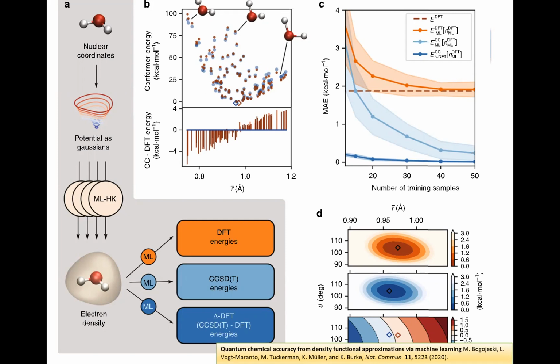This is just the example of water, and the DFT calculation was pretty good for equilibrium water, but if you stretch it or compress it a lot, you start to get substantial errors. This is mean absolute error near equilibrium, I think, as a function of training samples. And this is the DFT result, which ends up with a 2 kilocalories per mole error. This is the coupled cluster result going to the right answer.